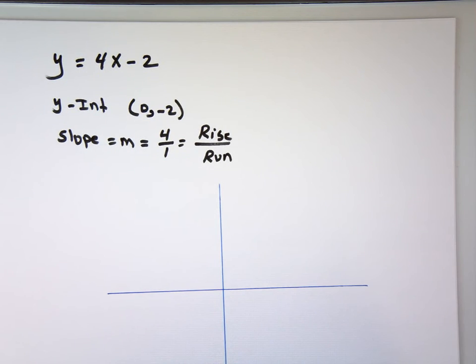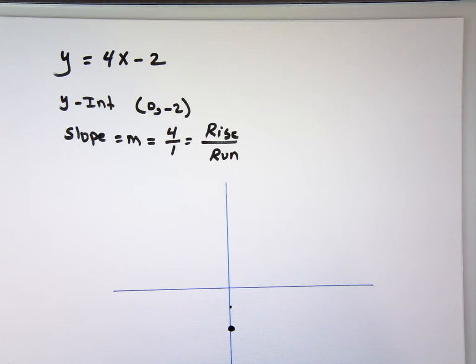Let's see. The y-intercept is negative 2. That's right here. And the slope is 4, or 4 over 1.